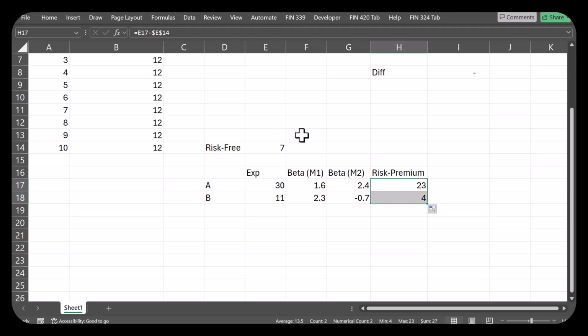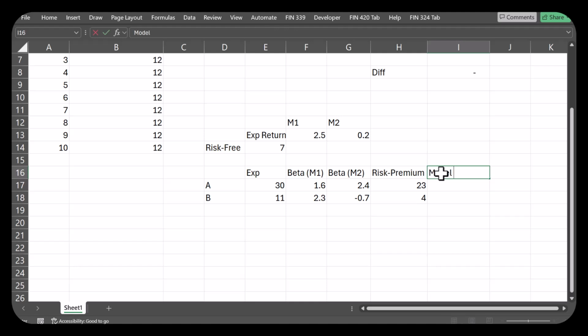Now I also need expected returns on M1 and M2. I'm going to put arbitrary numbers, 2.5, 0.2.